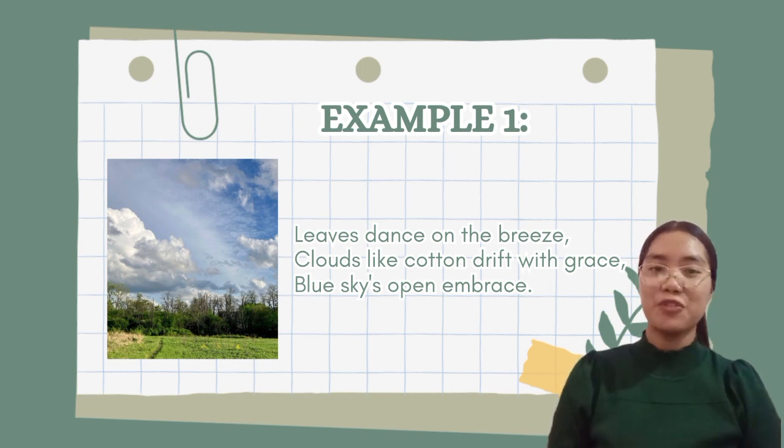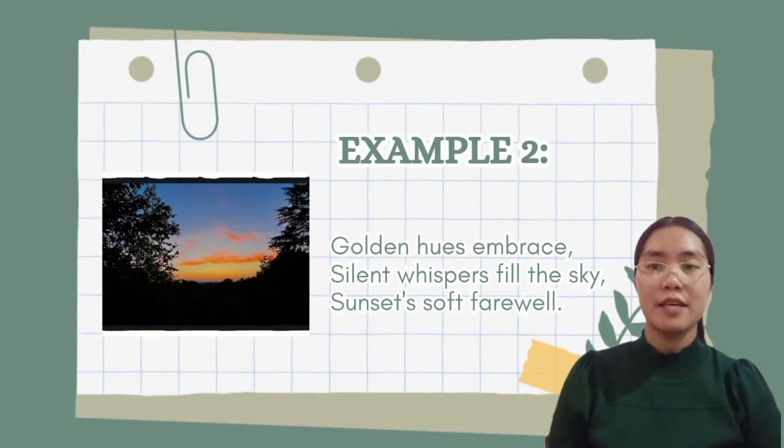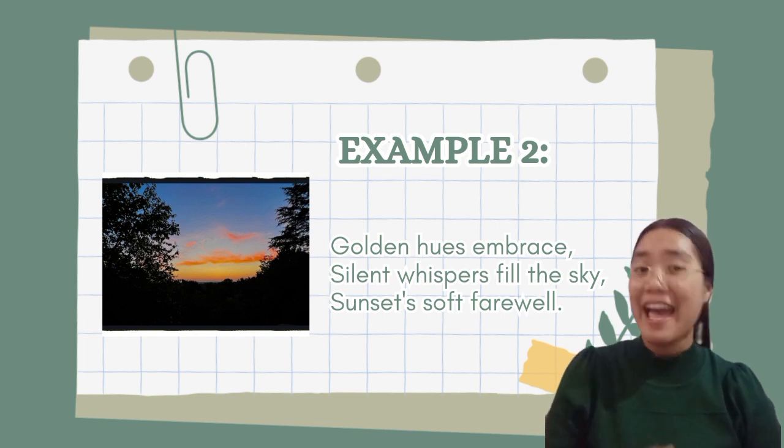And now let's move to the second example. Golden whose embrace, silent whispers fill the sky, sunset's soft farewell. This haiku captures the essence of a sunset, portraying the peaceful transition from day to night, right?